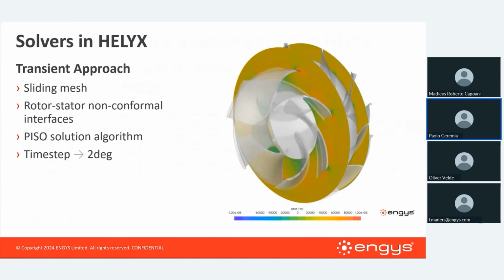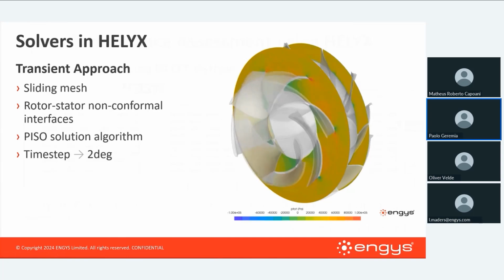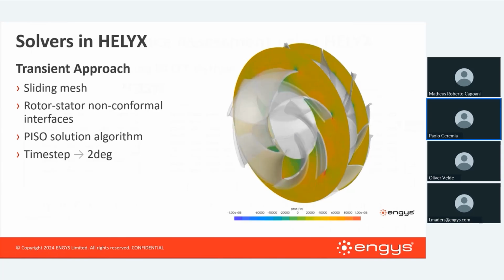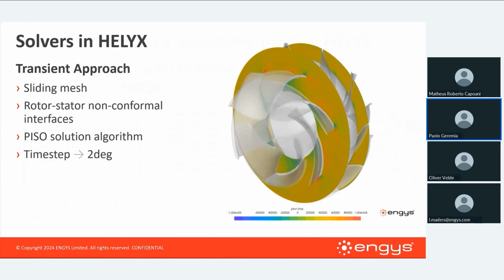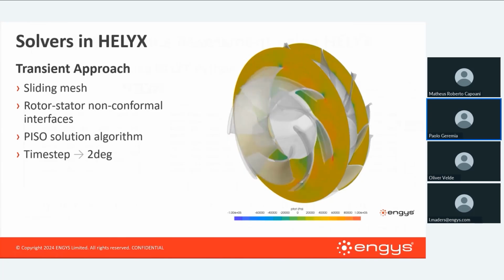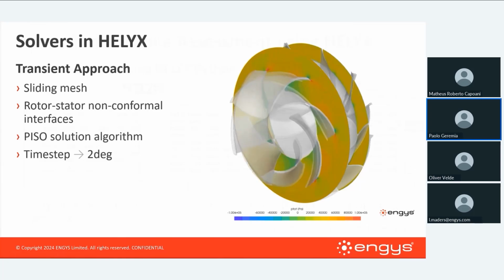And the results are shown here in these animations and compare quite well to the steady state one. But in case you want to be time accurate, you can also use a transient approach, which is more expensive. So this basically concludes the demo for today.